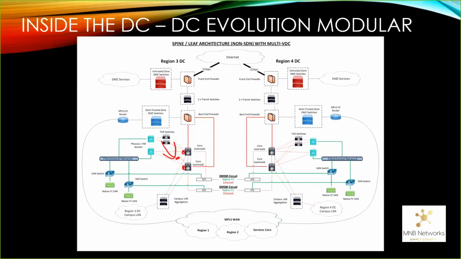But that would normally be hosted on the distribution layer switch and be the ingress egress from the data center. So the first point of layer 3 that a server would hit would be on the distribution or the core in the data center, whatever you wanted to call it. But that big chassis-based Nexus 7K.